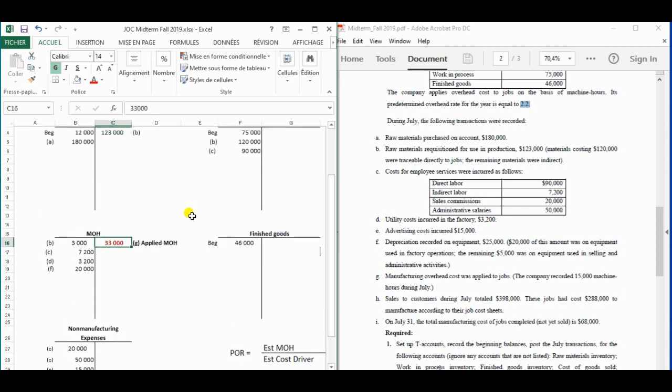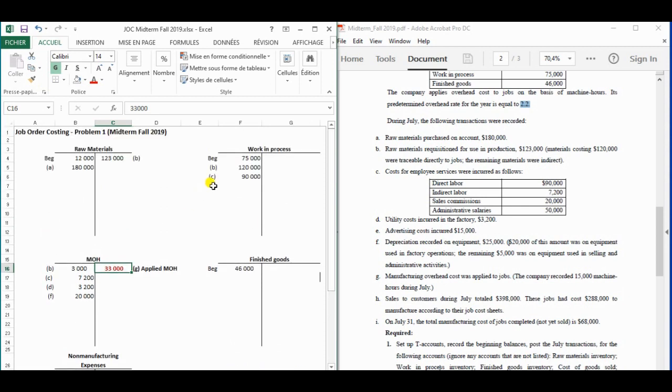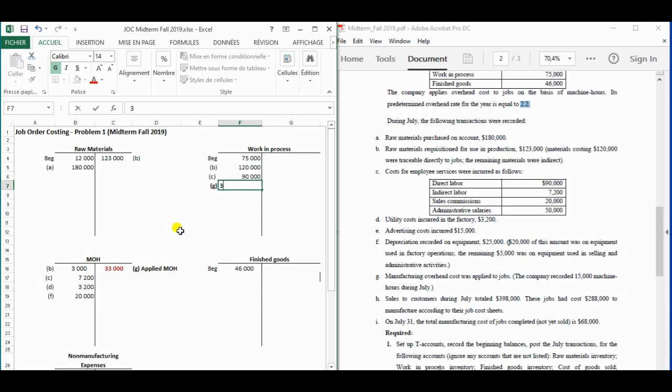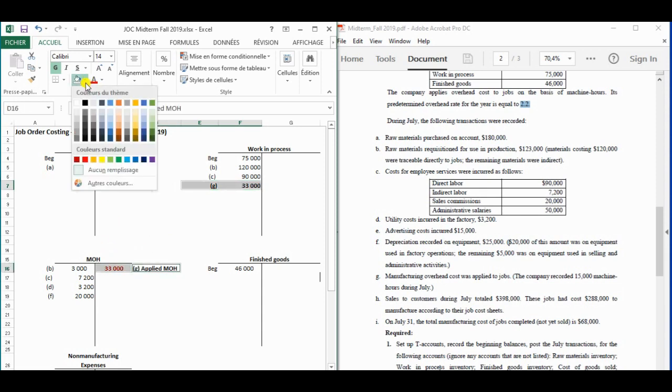The counterpart of this applied MOH will be in the WIP account. So I credit the MOH, and I will debit the WIP account with 33,000. So here we have the applied MOH.